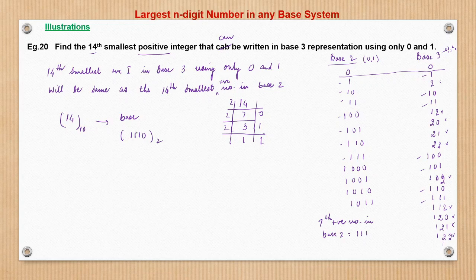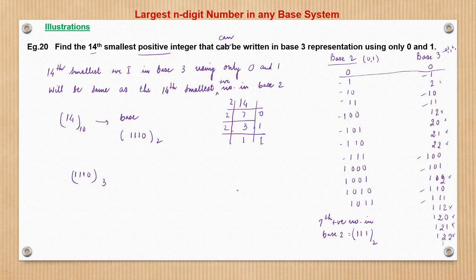So basically the 14th number in this series is 1110, and the same digits have to be there in base 3. So the 14th smallest number in base 3 which contains only 0 and 1 would be 1110 in base 3, right? Here this is in base 2, and here this is in base 3.